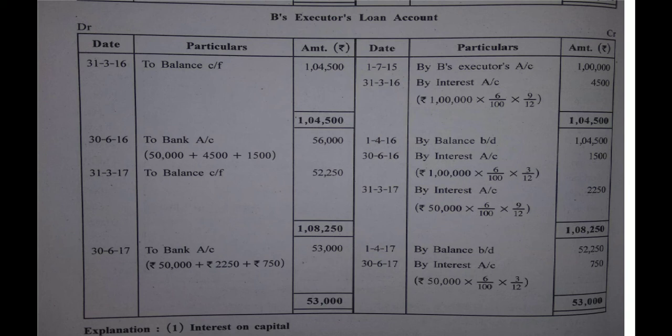Yes, a year consists of 12 months. But here the accounting year is ending on 31st 3/16, so it is just completion of 9 months. So you will calculate interest for 9 months and you will balance this year, the accounts for this year. So balance carry forward is 1 lakh plus 4,500 for interest.